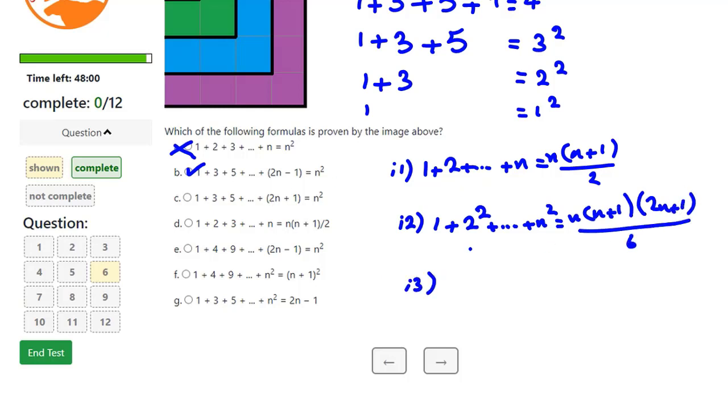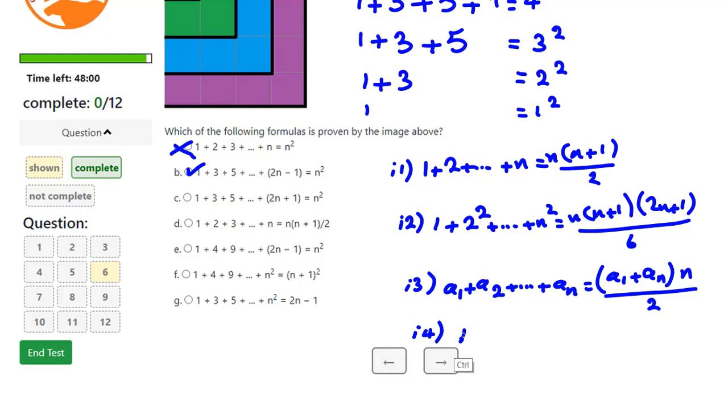Let me tell you the general form of this. If we have an arithmetic progression a1 to an, the sum is what? First one plus last one, times n over 2. For idea 4, 1 cubed, 2 cubed up to n cubed is n times n plus 1 over 2, whole squared.